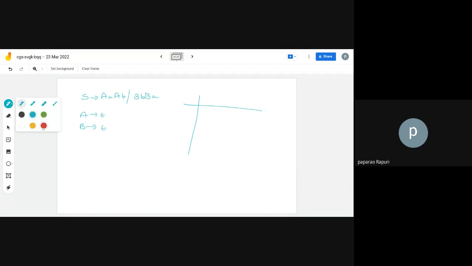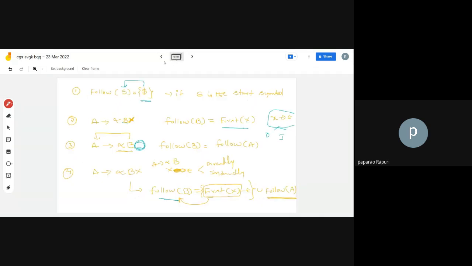We construct the follow for only the symbols which are on the right hand side of the productions. Here on the right hand side we have A and B. And one more thing: for the start symbol, the follow is dollar.